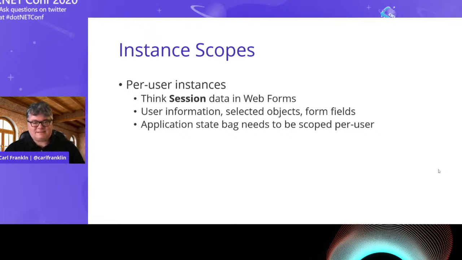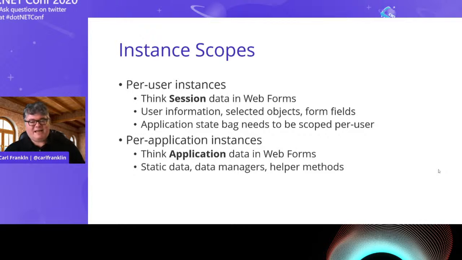It was very popular in web forms to have this session object that we put stuff into and take stuff out of while the user is online. We don't have a session object, thank God, in ASP.NET Core, but we do have the ability to scope any object to the user. So this is a per user instance.